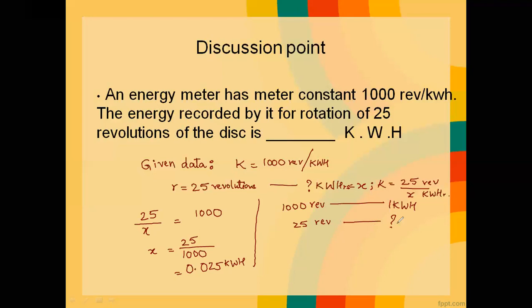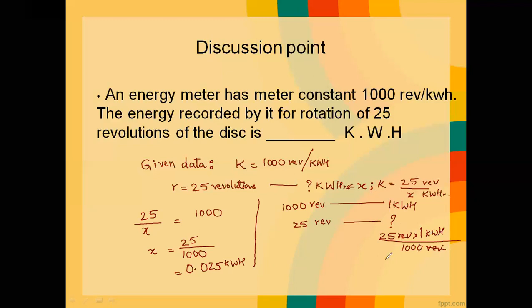Again, you will get this answer as 25 revolutions into 1 kilowatt hour by 1000 revolutions. So you have the answer only in terms of kilowatt hours.